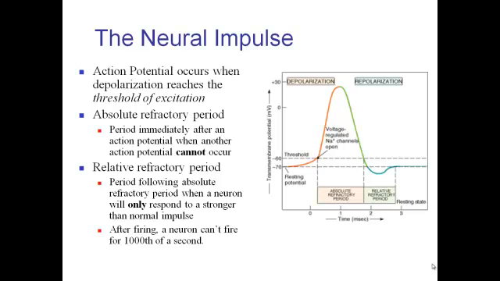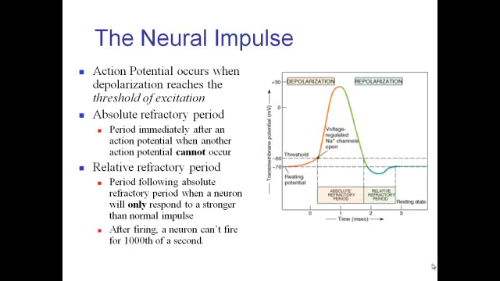Now, however, there might be a pretty strong stimulus that is causing your nervous system and this particular neuron to keep on firing. But as I said before, there is an absolute refractory period, so it cannot fire continuously. It can fire repeatedly, but it cannot fire continuously. So it can fire again, but only after the absolute refractory period has passed. But it can fire during what is called the relative refractory period.